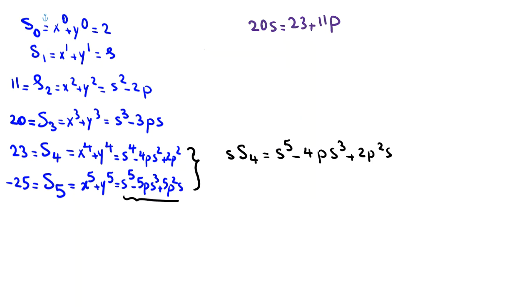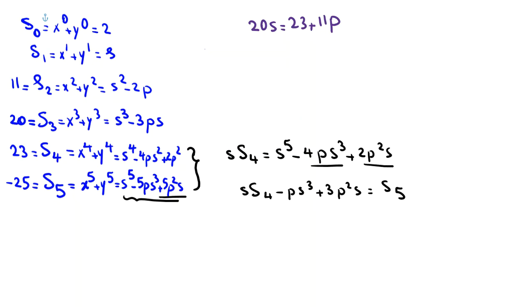S5, we have 5ps cubed here, we have 4ps cubed. So we say sS4 minus ps cubed, because minus ps cubed plus minus 4ps cubed, we will reach minus 5ps cubed, and then 2p squared s, we want to reach 5p squared s. So I should add 3p squared s, and it will be S5.